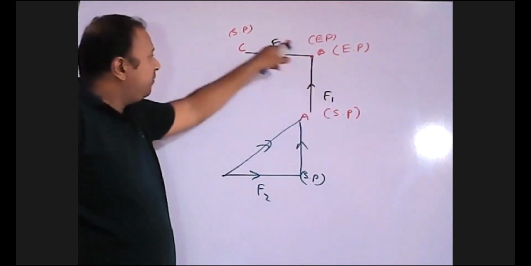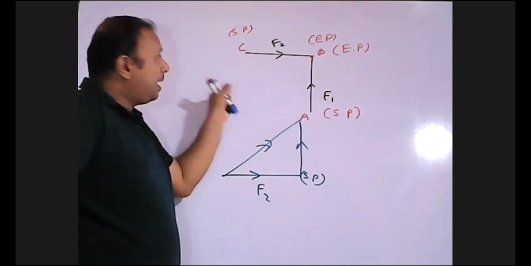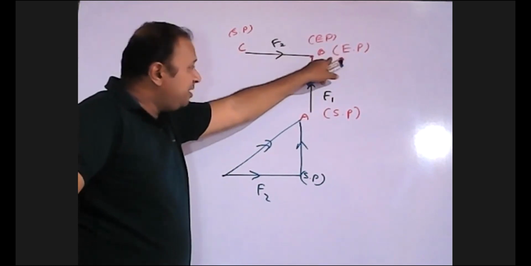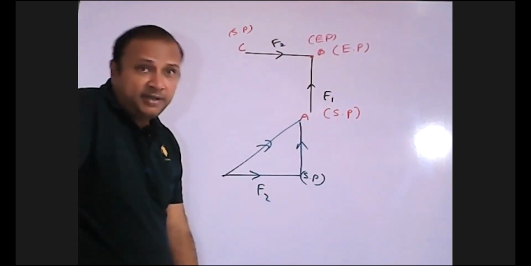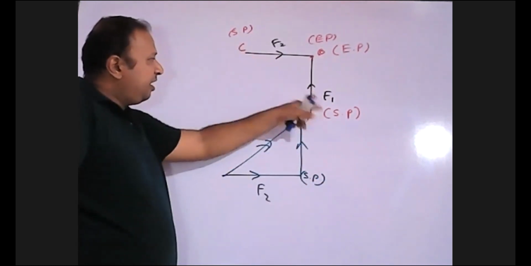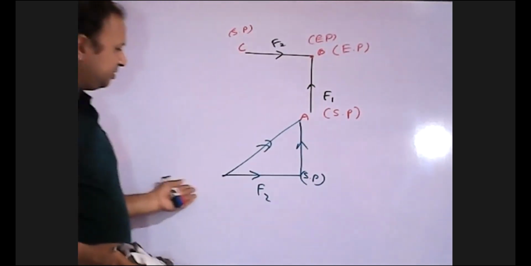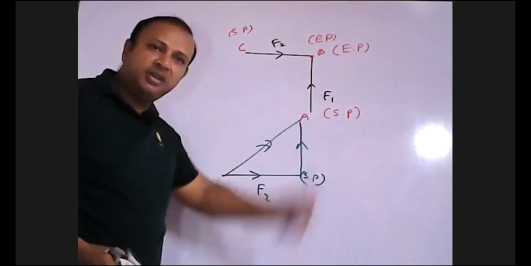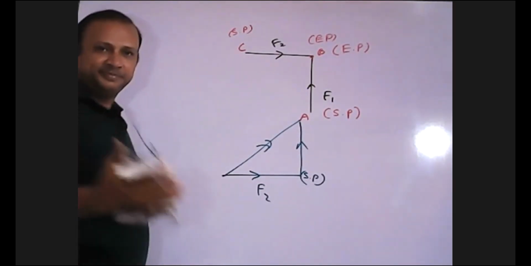If F2 is the first vector and F1 is the second vector, coincide the end point of F2 with the starting point of F1. Then you have to shift F1 upward. Then you will have the resultant force in the direction of F.